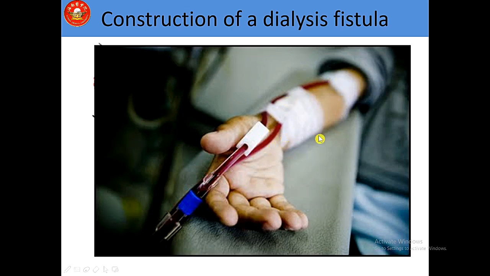We cannot just take the blood from the vein for dialysis because it is very low in pressure, and we also can take from the artery that is very high in pressure. So to get a moderate pressure, we get it from the artery and the vein at the same time, so we construct the fistula between the artery and the vein.